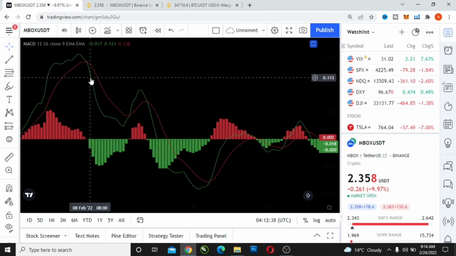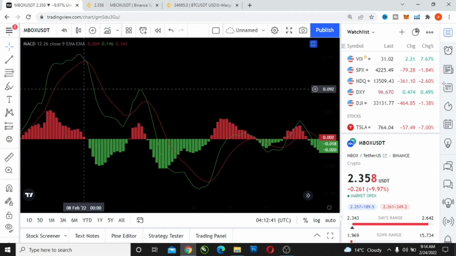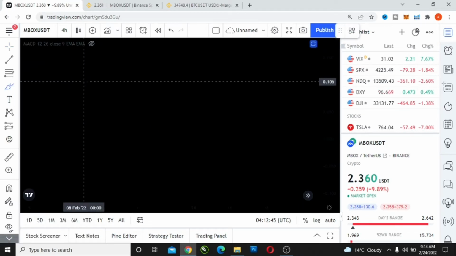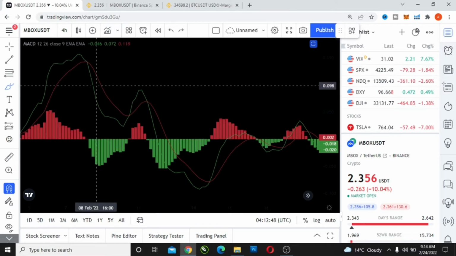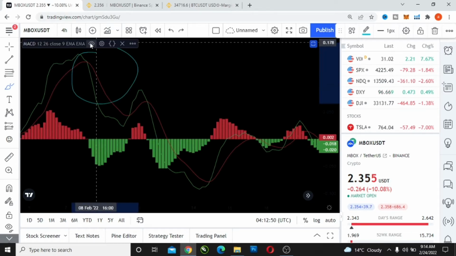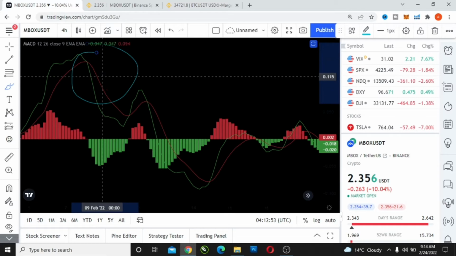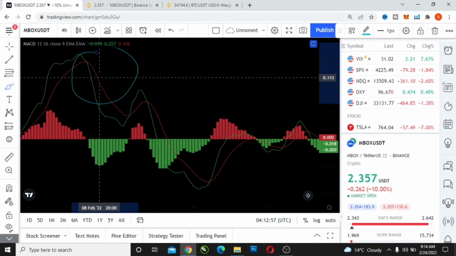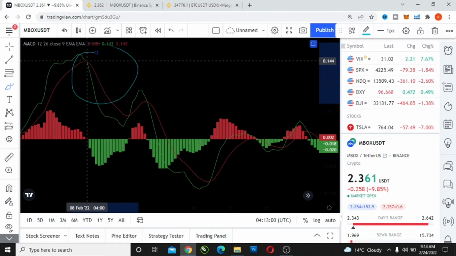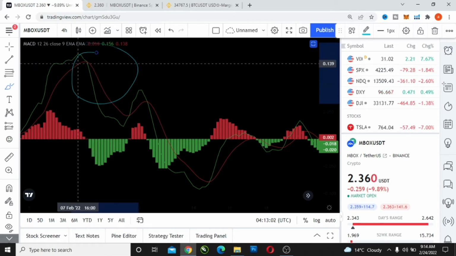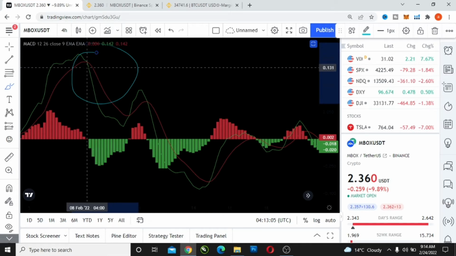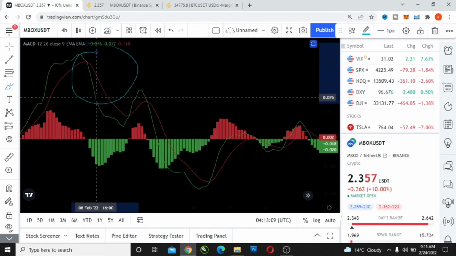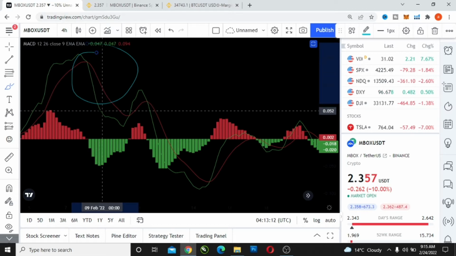Once this crossover occurs on the higher high area, on this point, when the green line is below the red line, then that is the right time to sell your coin at this particular crossover. Because if you are not selling your coin at the crossover, then the price will decrease sharply and you will be again at your buying price.